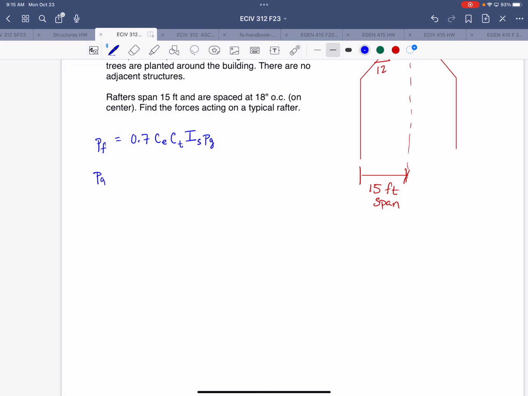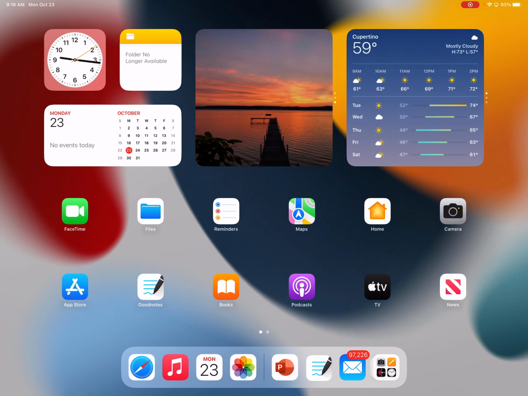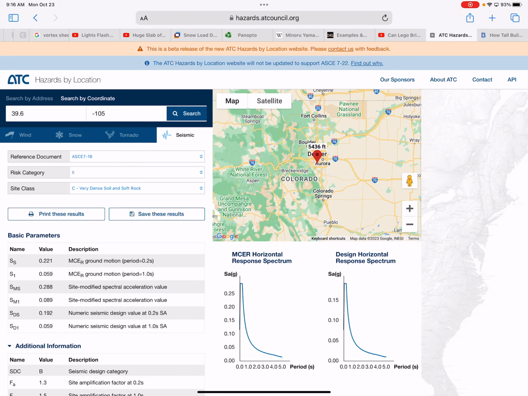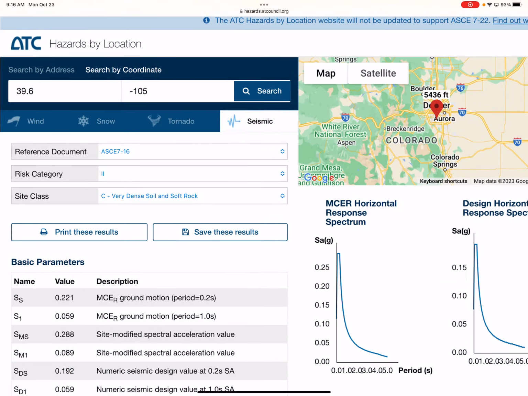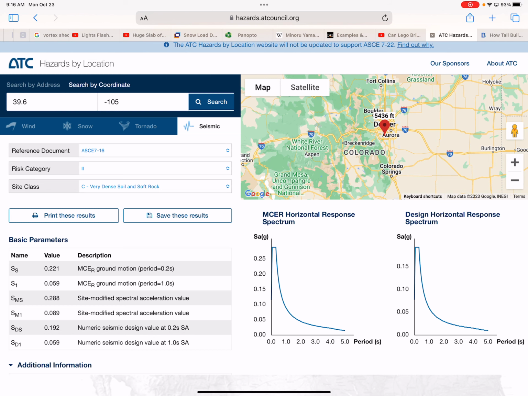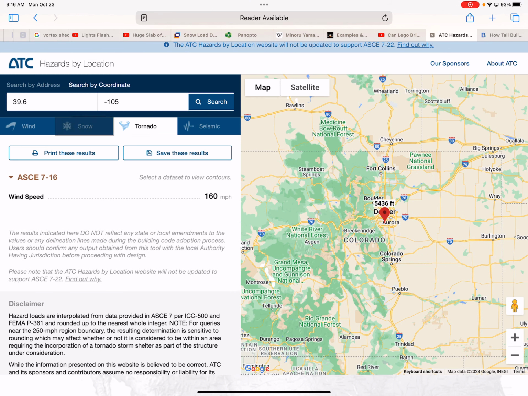So for the ground snow load, we have to seek out the ASCE 7 map, or we can use the ATC hazards website if we want a more accurate reading. So we'll jump over to that. Now, last time we looked at this in the context of seismic loads, but if you look up here, there are different tabs for other types of loads.